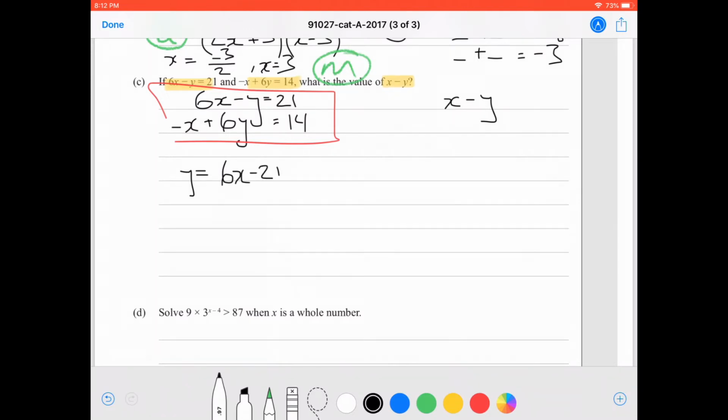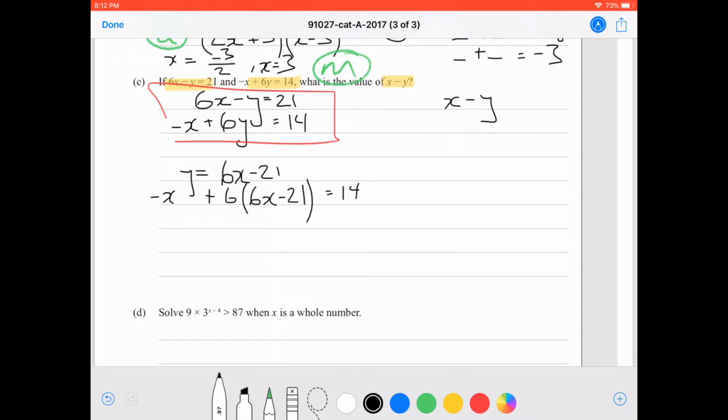Okay, I've just rearranged there to make y the subject. And so now we can say minus x plus 6, and instead of saying y, inside brackets you go 6x minus 21, so we're substituting in y, equals 14.